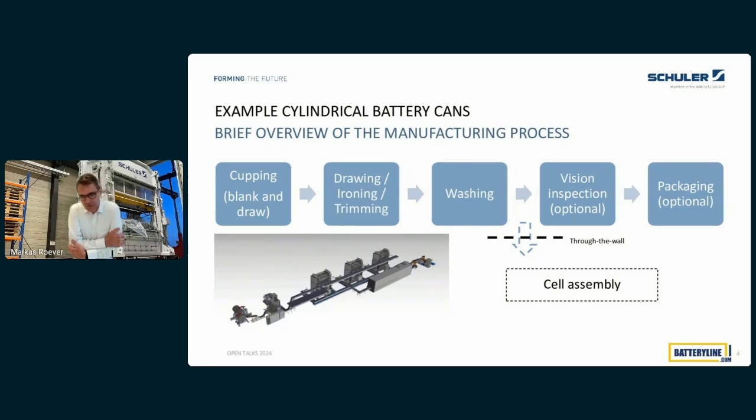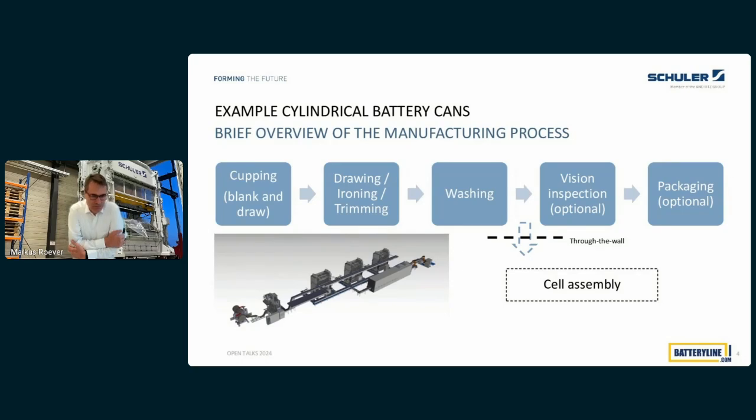Usually there is then a buffer to balance out the two production lines. Or if you are offsite, maybe a supplier, you do a visual inspection of the product, and then you pack it into trays, and then you send it to the cell manufacturer.